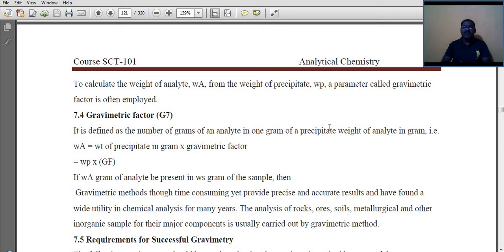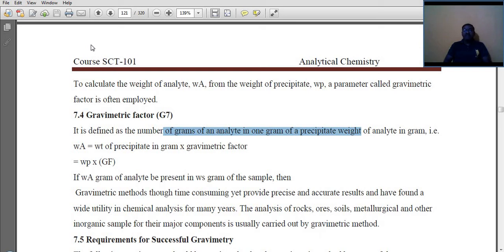The gravimetric factor means the number of grams of analyte in 1 gram of precipitate. That is, WA, the weight of analyte in grams, is equal to the weight of precipitate in grams times the gravimetric factor. Here WA is the grams of analyte present in W grams of the sample.